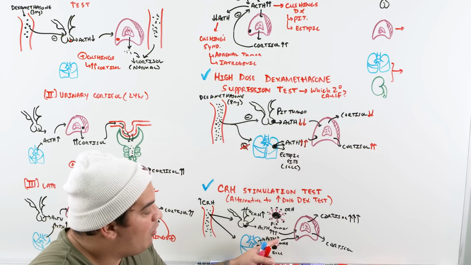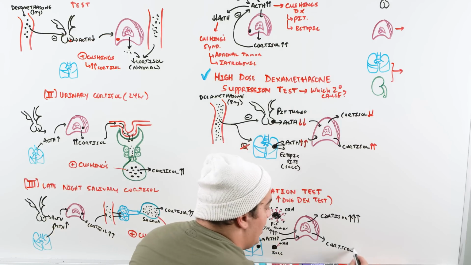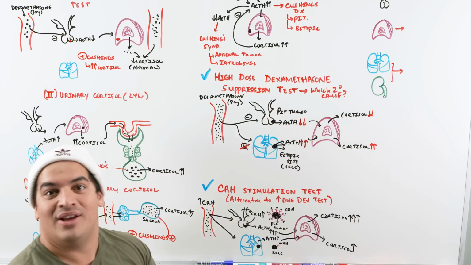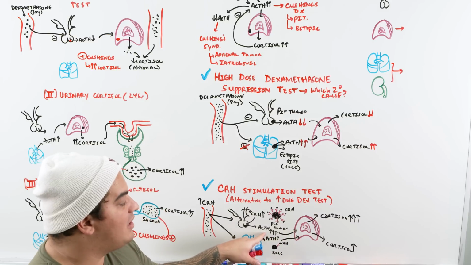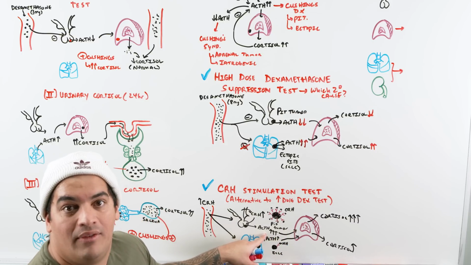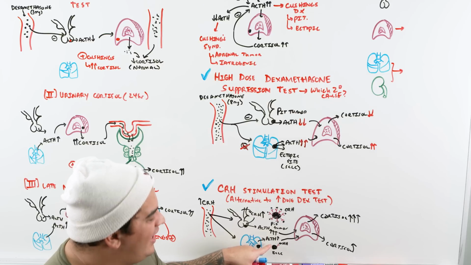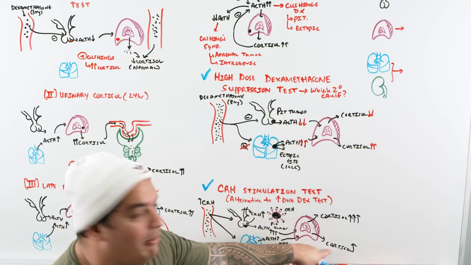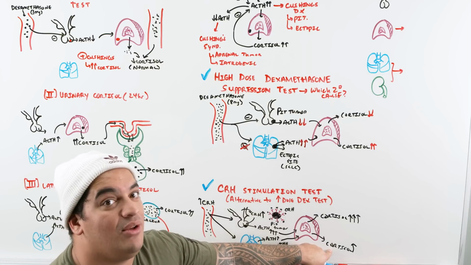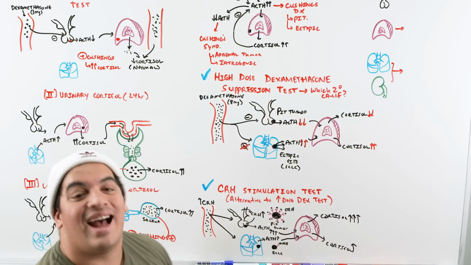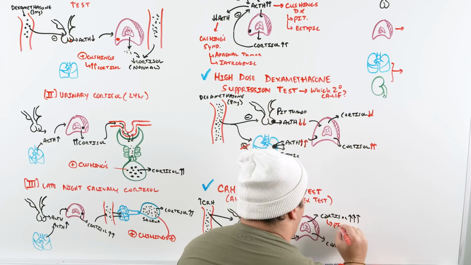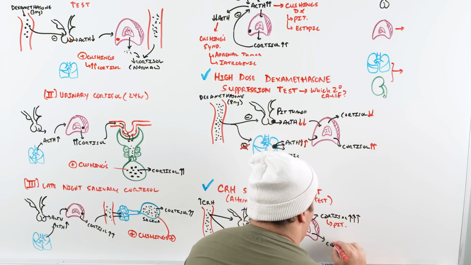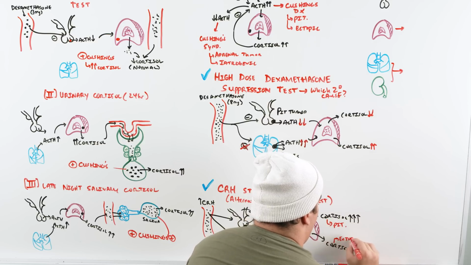So they will have a small increase in their ACTH, but it won't be a massive increase in cortisol. So if you see a massive increase in the cortisol and an associated massive increase in ACTH, what will that make you think of? A pituitary tumor. If you see not a big jump in their ACTH and not a big jump in their cortisol levels, that should make you think of an ectopic site. Okay, so this will be pituitary, and this will be ectopic site.